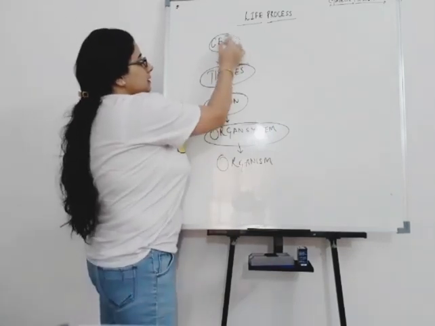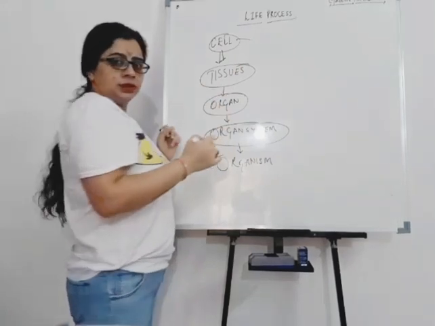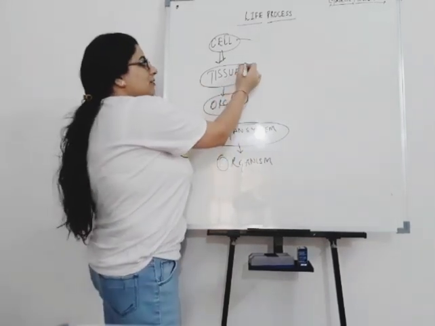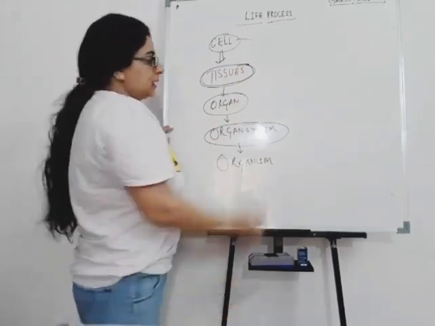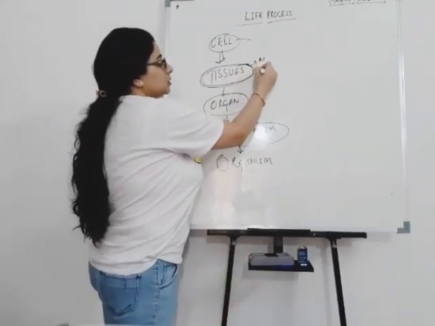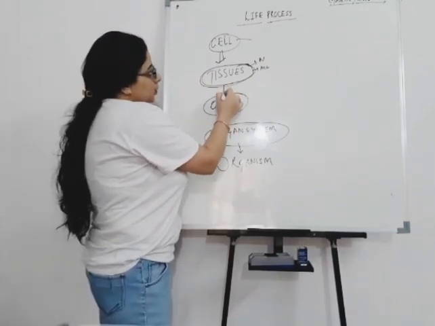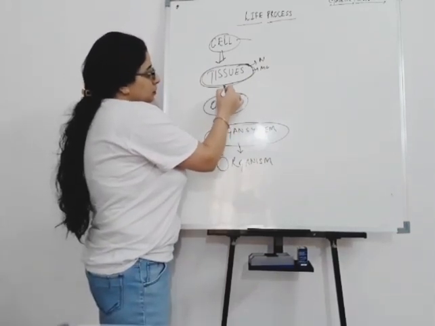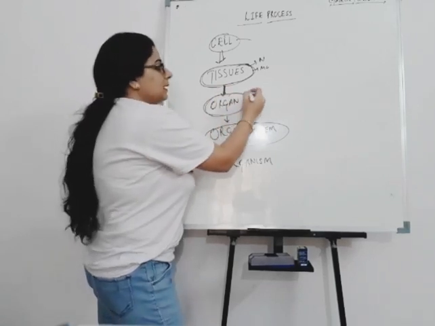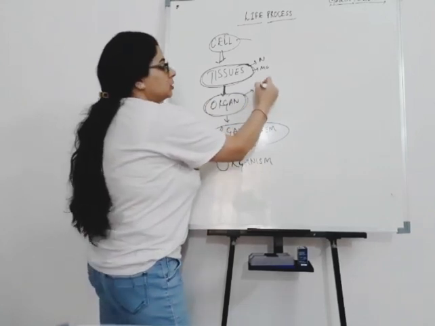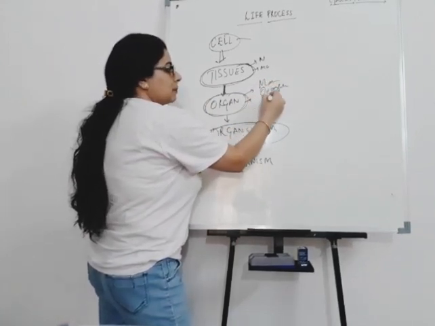As you all know, the cell is a basic unit. It will combine together to form tissues. We have specialized tissues to perform specific functions, like nervous tissue and muscular tissue. Now, these tissues combine together to perform a specialized function, and that is an organ, like mouth, oesophagus, stomach.